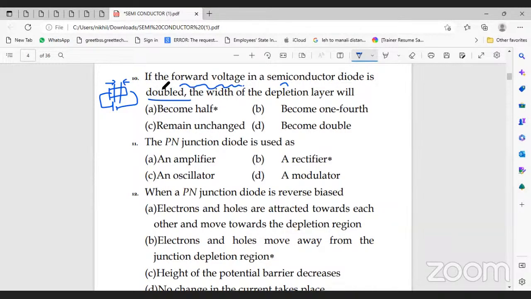If the forward bias voltage is doubled, the width of the depletion region becomes half, because of the voltage which is applied, only 50% is going to work on that. The other 50% will be an opposition. So only 50% is utilized, and only half of that is going to become the width. So the width will become half if the forward voltage becomes double.